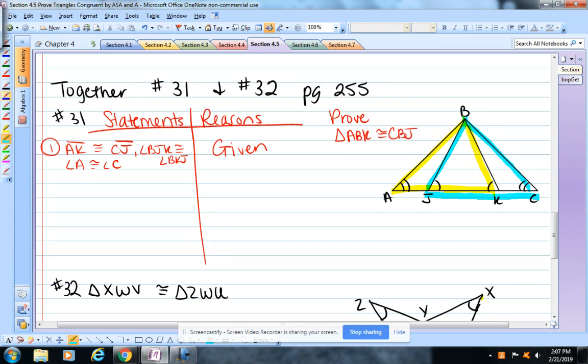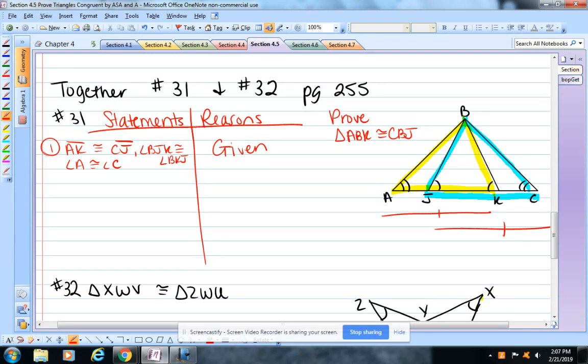So I'm going to draw those down there somehow. AK is congruent to that one. So all that's given to me, isn't it? Guess what? I've got two angles and one side congruent, right? I can already say those triangles are congruent.